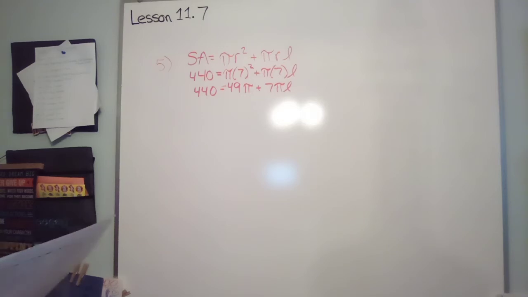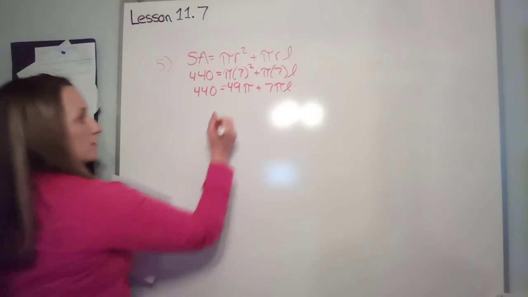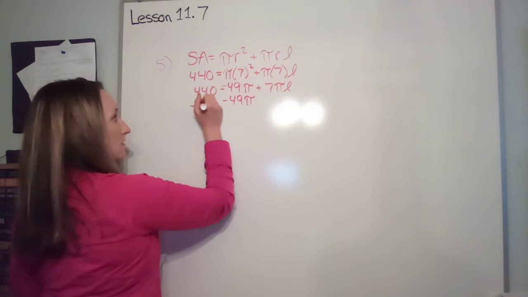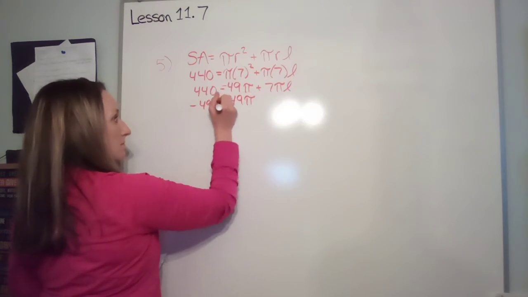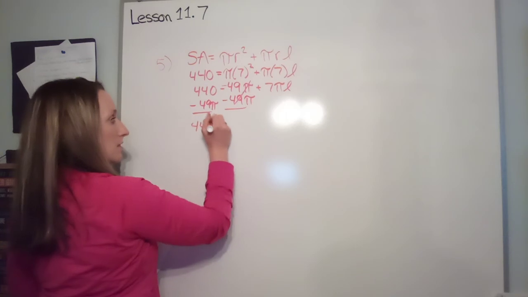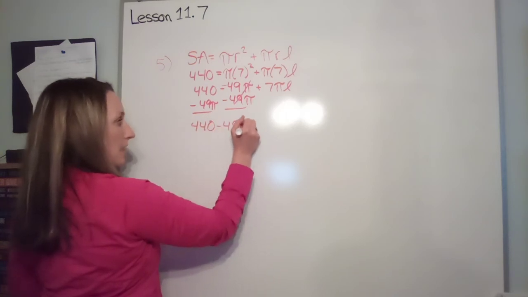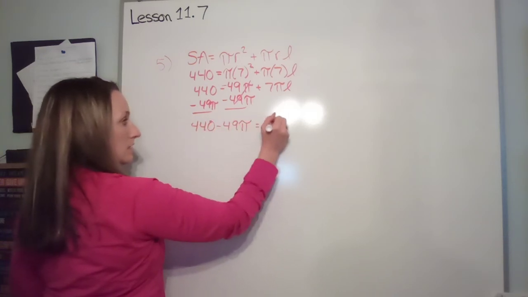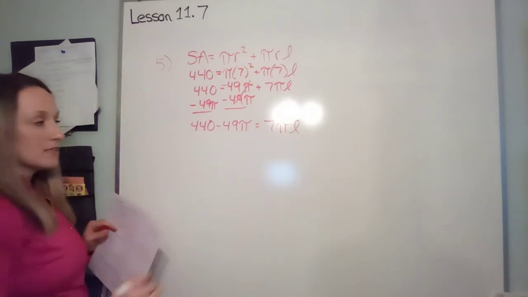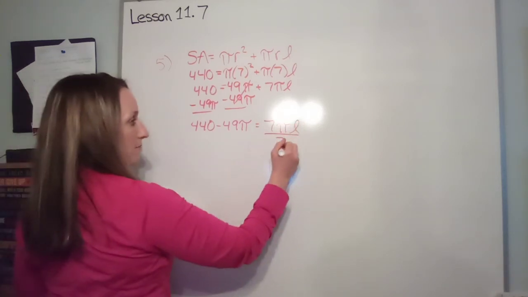From there, I can subtract 49 pi from both sides, trying to isolate the L. So now I have 440 minus 49 pi is equal to 7 pi L. And then I'm going to divide both sides by 7 pi.